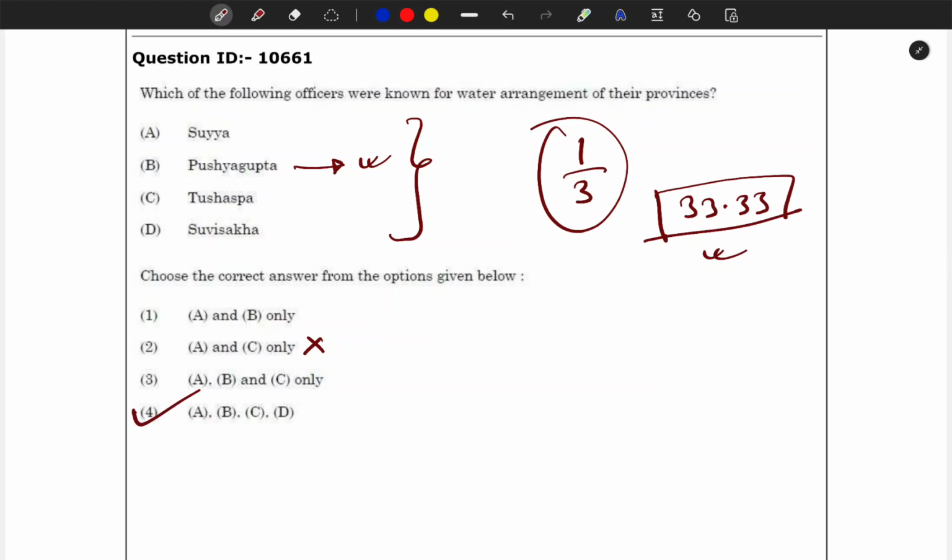So this is a pure fact question and a very less known fact. If it's a pure fact question and very less known, maybe 3, maybe all 4 are correct.